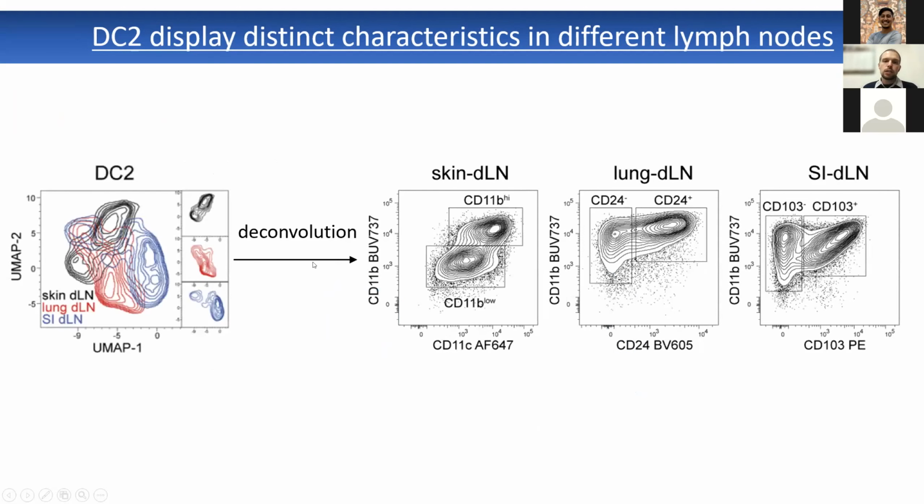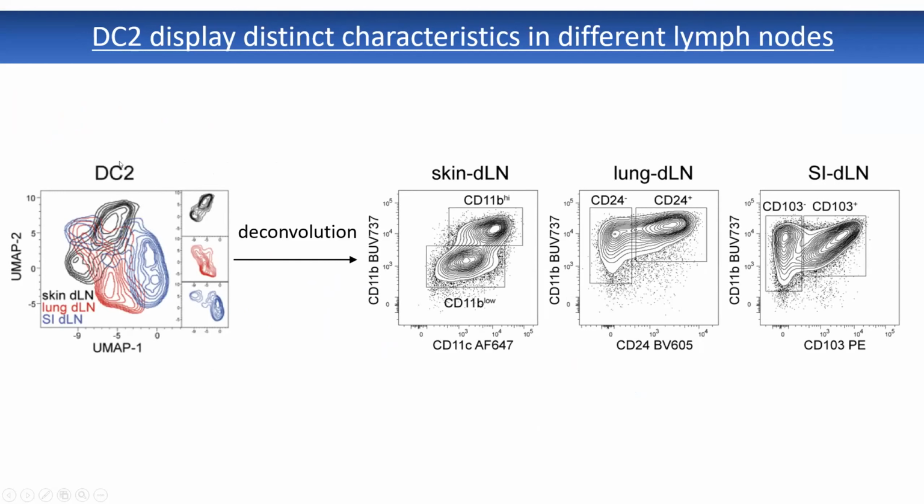And when we used deconvolution strategies to actually define unique markers that were tissue specifically expressed by these type 2 dendritic cells, we found that in the skin, the expression of CD11b led to a unique profile. That one in the skin, you could find CD11b high type 2 dendritic cells, but also CD11b low type 2 dendritic cells.